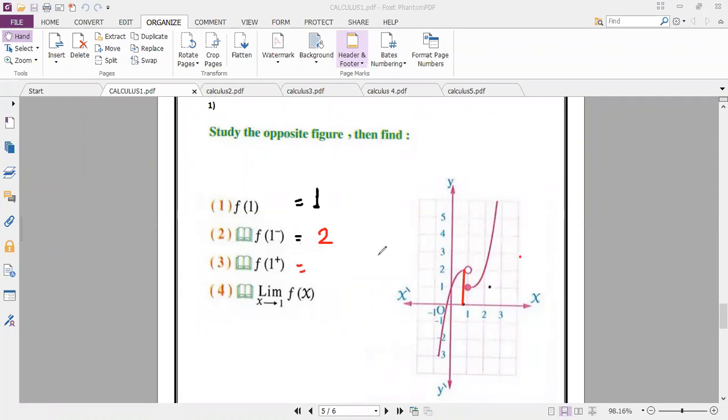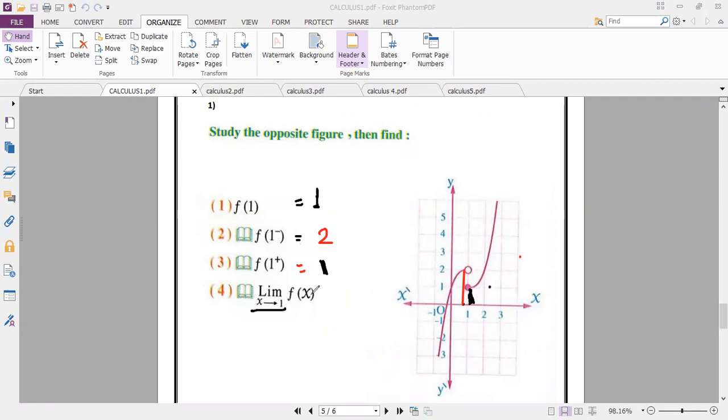And the limit from the right, what does it mean? Just go after 1, just a little bit more than 1 from the right, okay? You will hit the curve at 1. So the limit from the right is 1. What is the limit of f of x when x approaches 1?